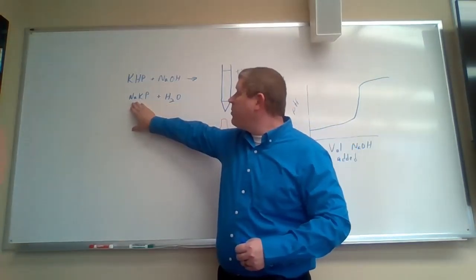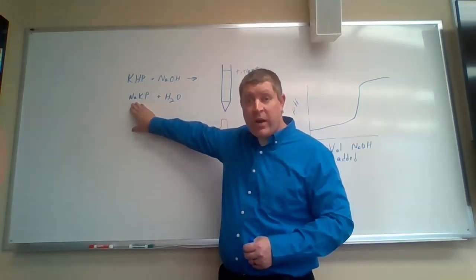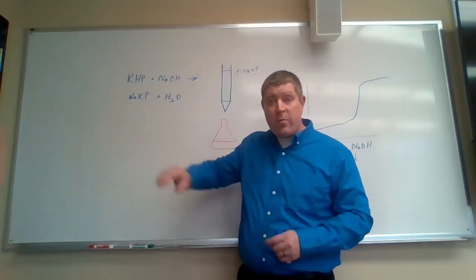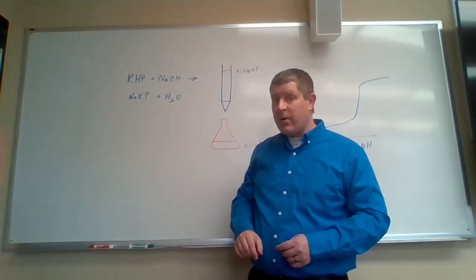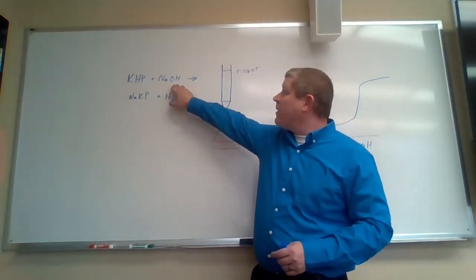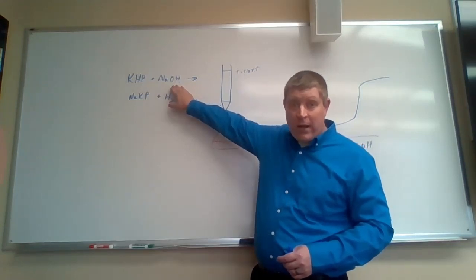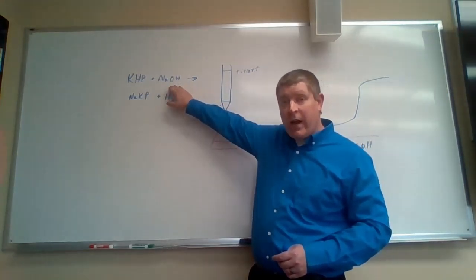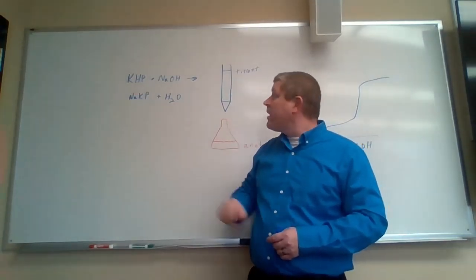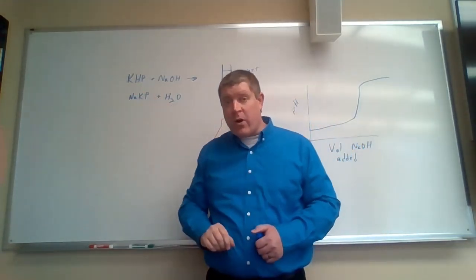And we have sodium potassium phthalate. So the question is, is this going to change the pH, or are we going to have a pH that is exactly 7.0? Well, we know that our sodium hydroxide is a strong base. That means that its conjugate acid is a negligible acid. But KHP is not one of our strong acids.